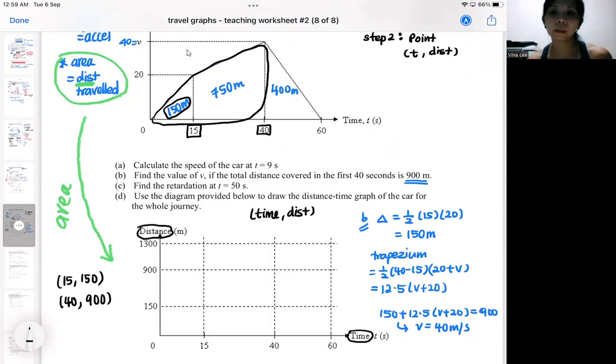That means by 40 seconds, you already travel 900. 60 seconds, you have traveled everything, which is 1003.